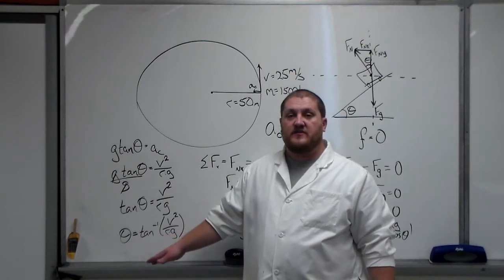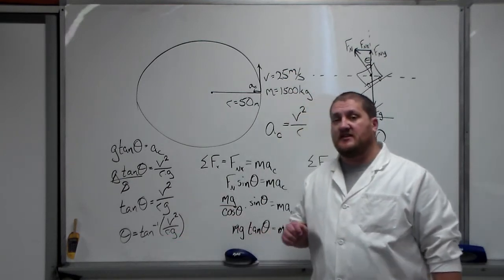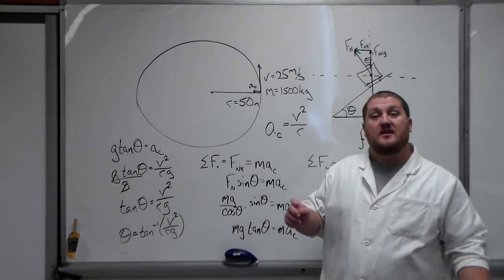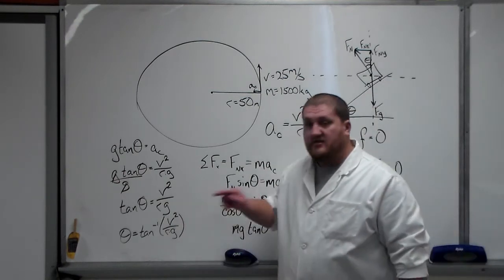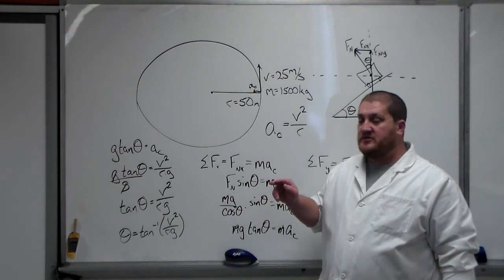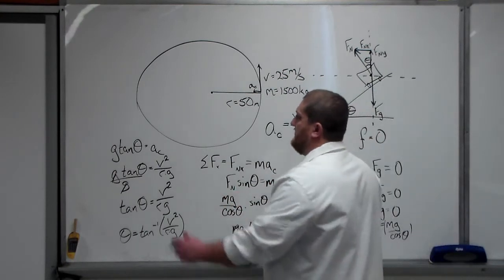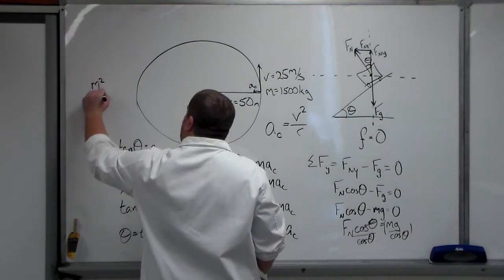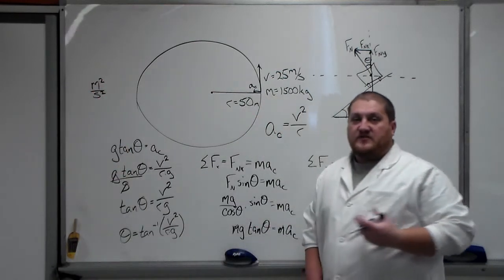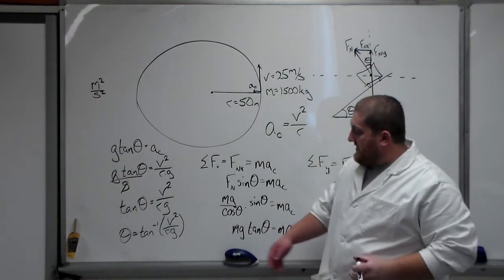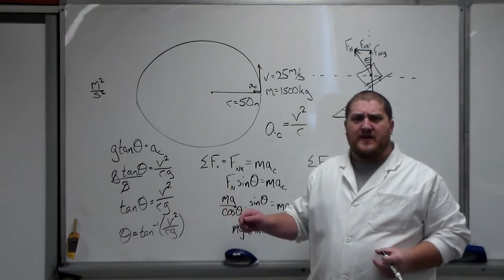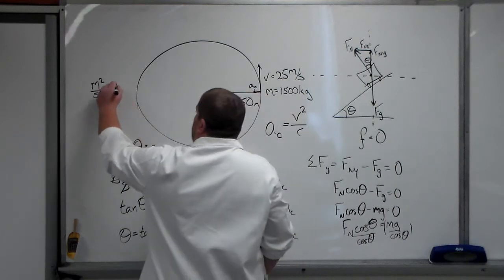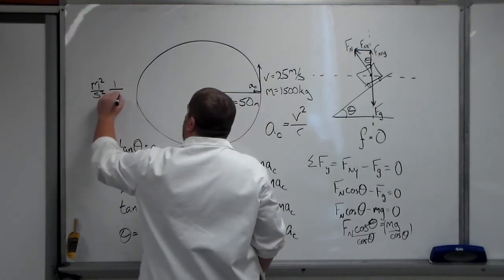In order to use the trig functions, we can't have any units left over. All the units have to cancel to be able to use a trig function. Let's check that. So the unit for velocity is meters per second, and I'm squaring that. So I have meters squared per second squared. I'm dividing by the unit for r, which is meters, which is the same as multiplying by 1 over meters.